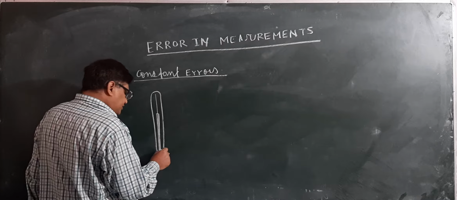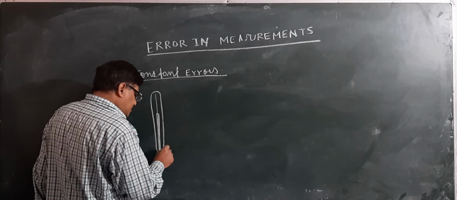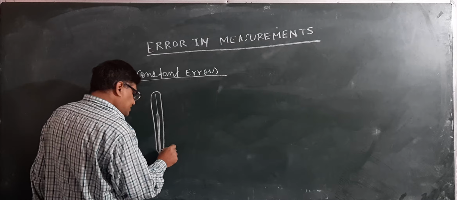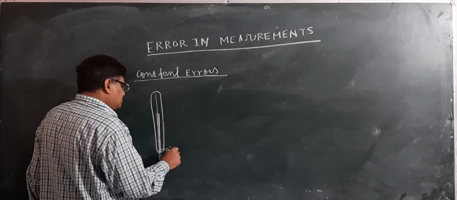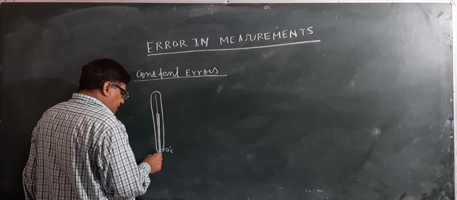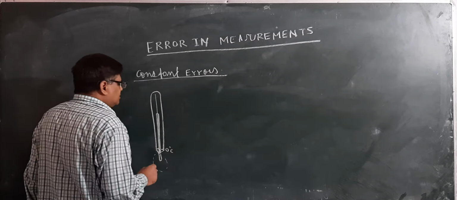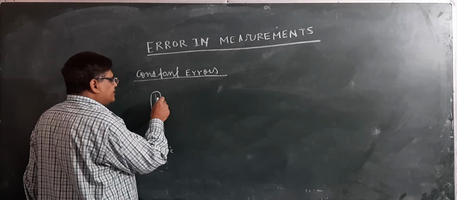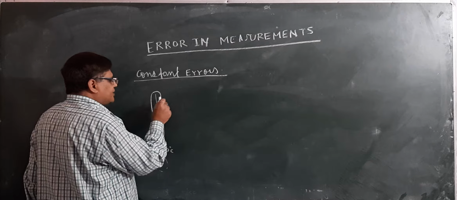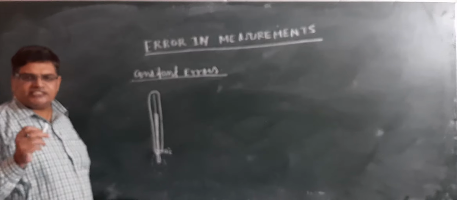So here what we do is, suppose we mark 0 at 0 degree centigrade like this. When we put ice over here, the mercury shifts over this place, and when there is higher temperature, that is at the temperature of the boiling water, it is 100 degrees centigrade, we have to mark it over here.